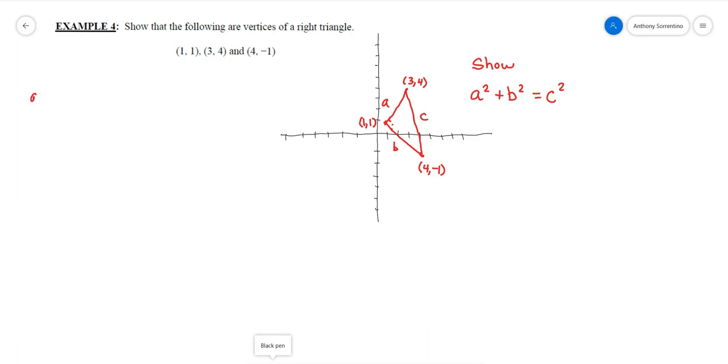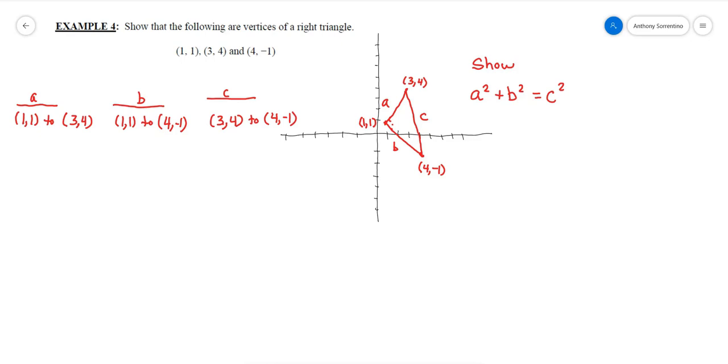A is the segment that goes from 1, 1 to 3, 4. B is the length that goes from 1, 1 to 4, negative 1. And C is the segment that goes from 3, 4 to 4, negative 1.